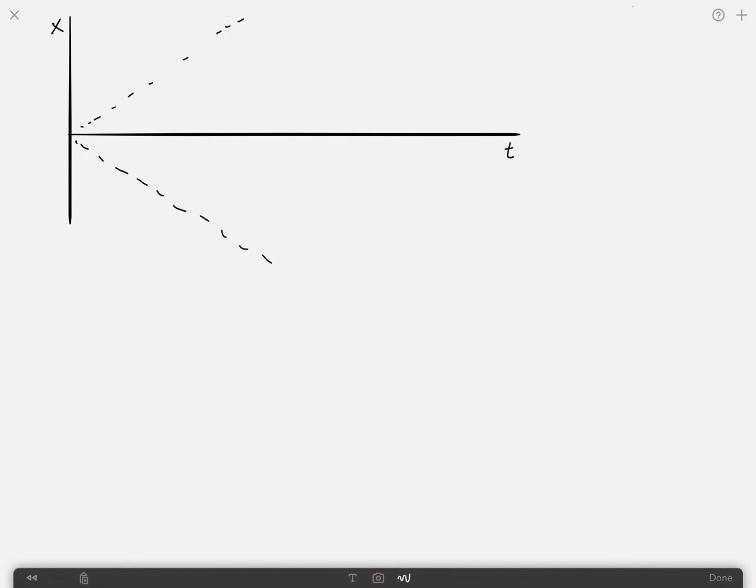We expect the function to look sinusoidal and growing. The amplitudes are growing linearly. Something like that. My drawing is not the best, I apologize. But the idea is that this is a linear growth phenomenon. Unlike the exponential growth we saw in the case of the static instability, dynamic instability is a linear growth phenomenon.